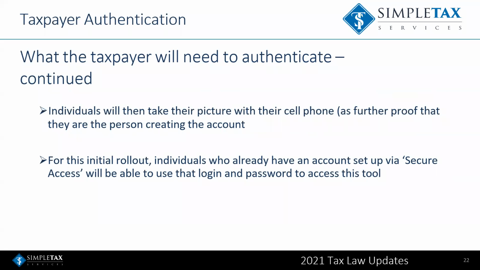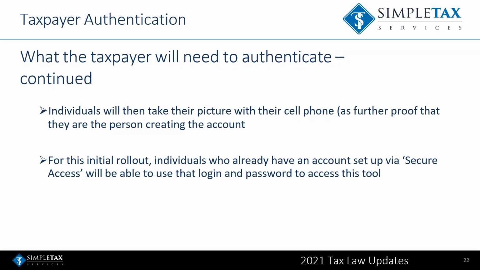So basically the way this works is when they create their account, they're going to upload a copy of their ID. Government issued is best: passport, state driver's license, something like that. They'll upload that, and the next step is taking what amounts to a selfie.